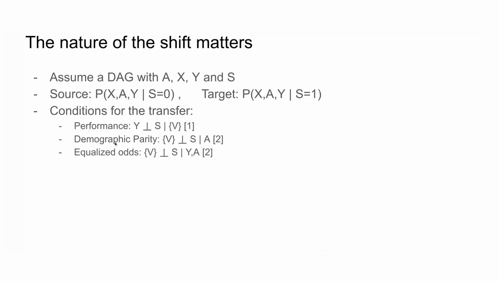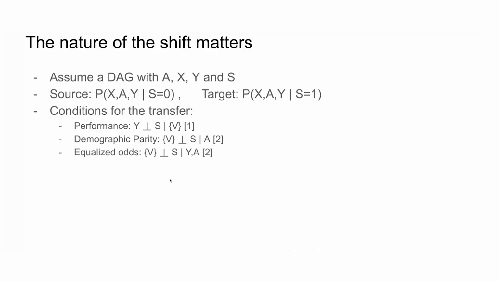Now, that only gives you performance. If you want to add a fairness constraint, you can choose between demographic parity or equalized odds. And for that, you have an additional condition, which is that the set of variables is independent of the environment, given the attribute, or for equalized odds, given the attribute and the label.